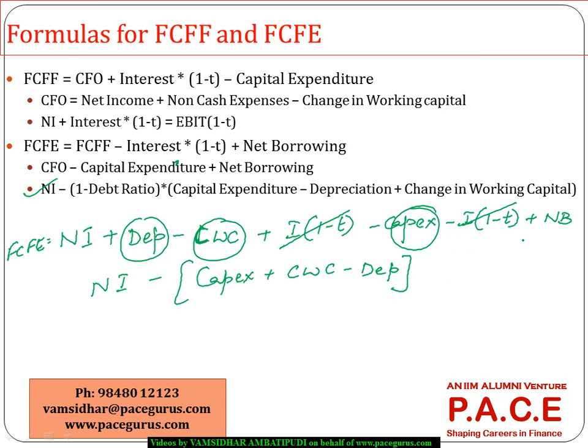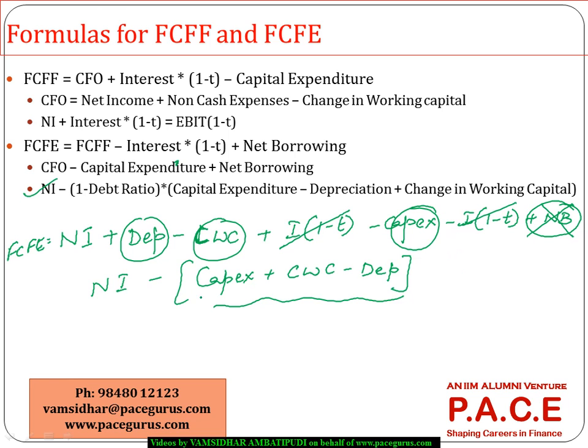If I make an assumption that whatever is this difference, that is the cost for this particular period, the additional capital for this period, and if I assume that it is financed in the same proportion using debt and equity as its typical debt ratio itself, then I don't need to bother about this net borrowing.